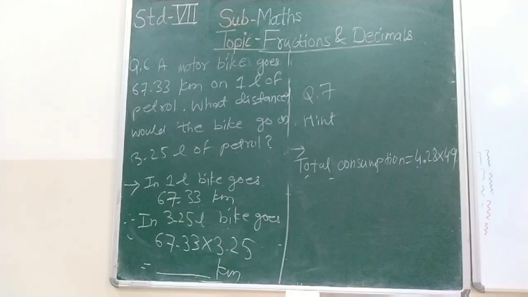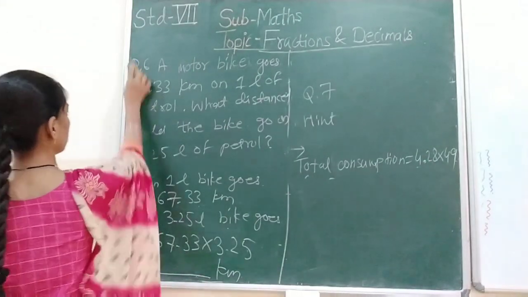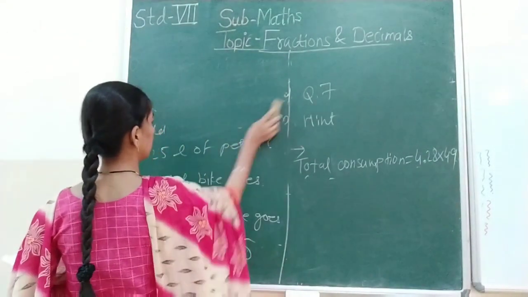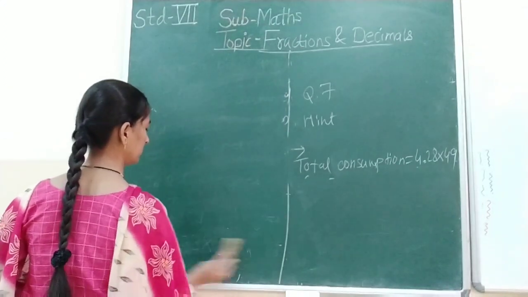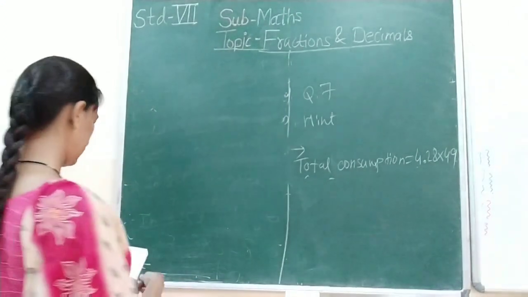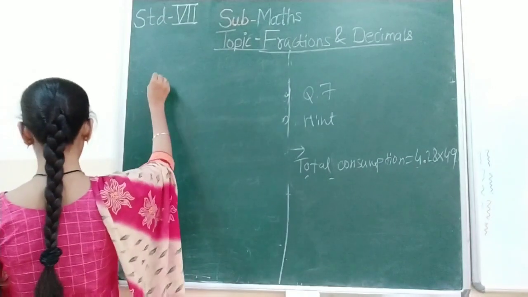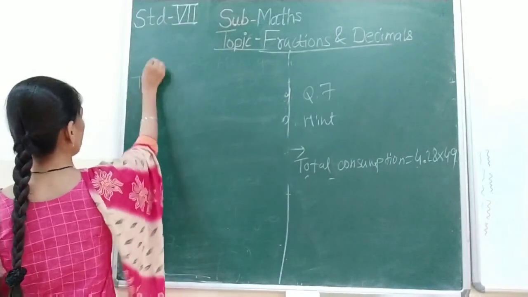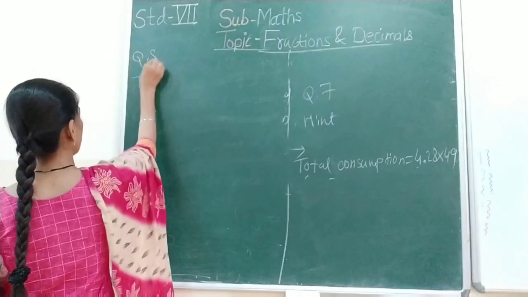What is the total amount of money spent by Mohan? In that, you have to take the multiplication of which two numbers? Total money spent. Question number 8.